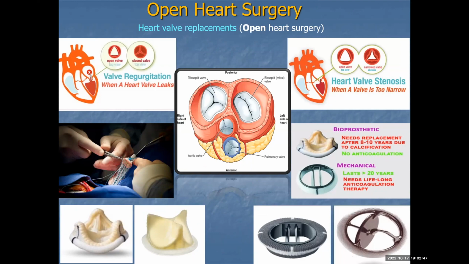The surgeon has a choice of a mechanical valve or a biological valve, and there are pros and cons to both. With biological, the main thing is that patients don't have to take warfarin, so no tablets, and they can have a drink on a Friday night. Mechanical valves last a lot longer, whereas biological valves have a higher rate of reoperation because they last a shorter time.